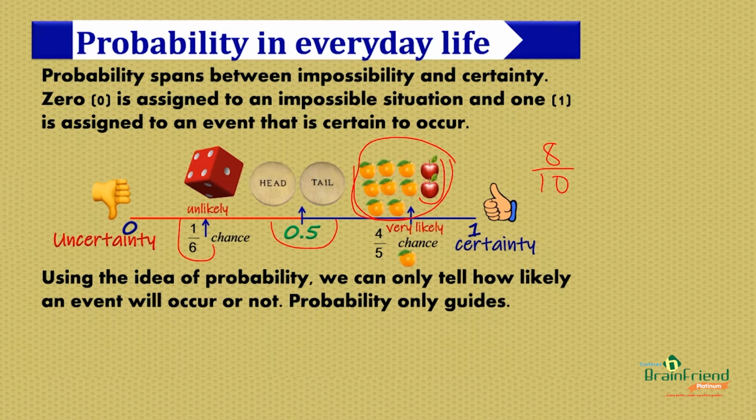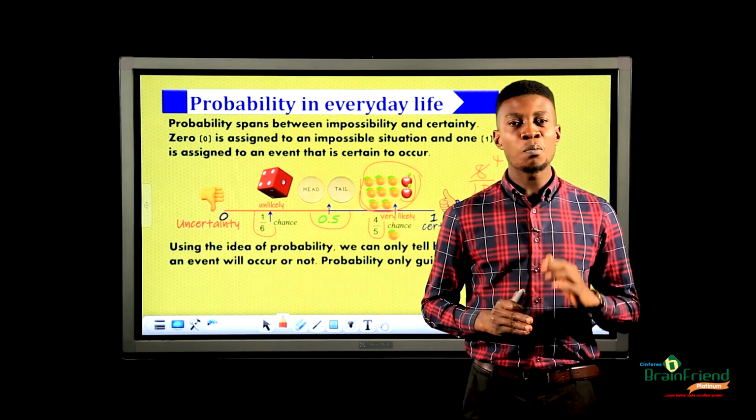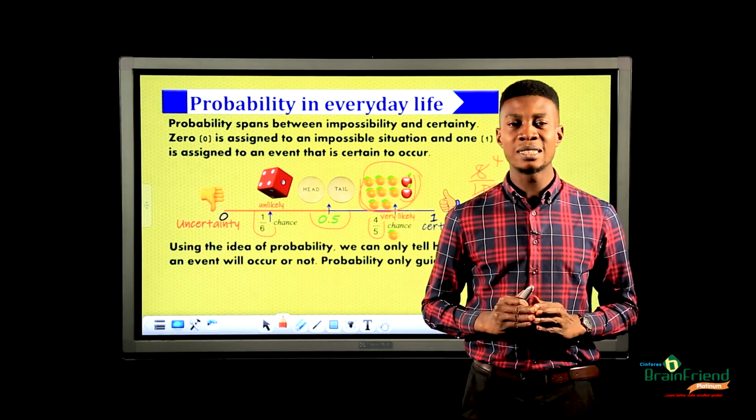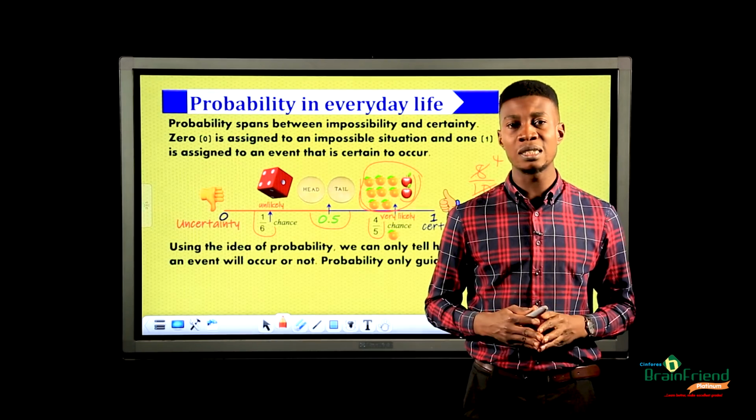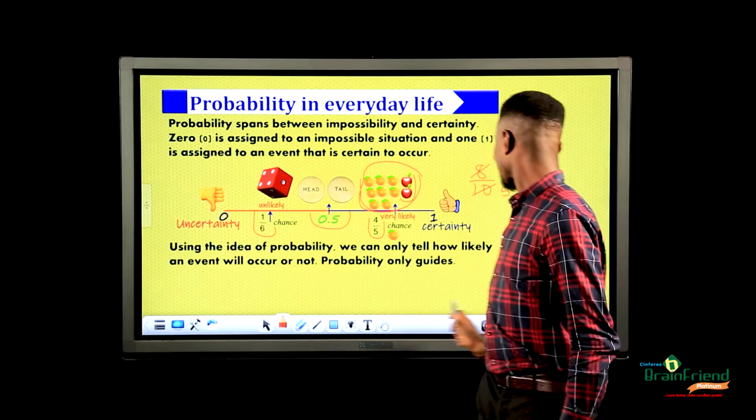Now, 8/10 can be reduced: we can have 8 divided by 2, that gives us 4, and 10 divided by 2 gives us 5. So the likelihood of picking an orange is 4/5. So note that probability only guides. Let's go on to learn about the usefulness of statistics for prediction.